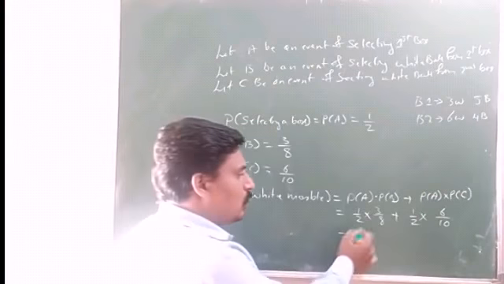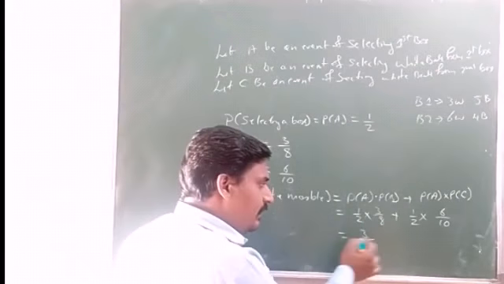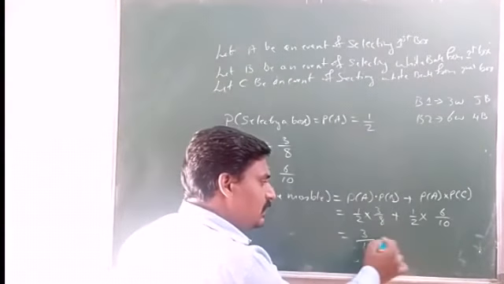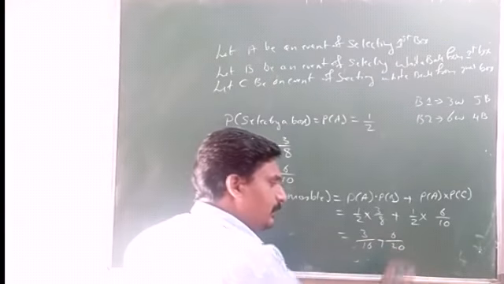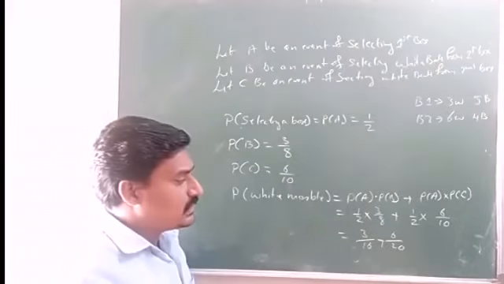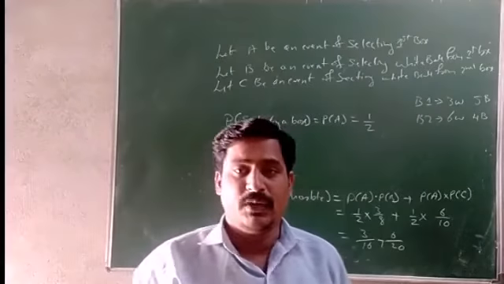So 1 into 3 is 3 divided by 2 into 8, 16, plus 1 into 6 is 6 divided by 2 into 10, 20. So 3 divided by 16 plus 6 divided by 20.